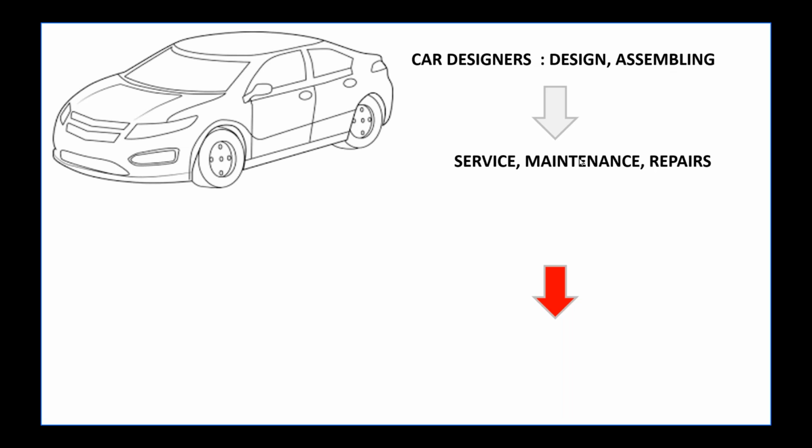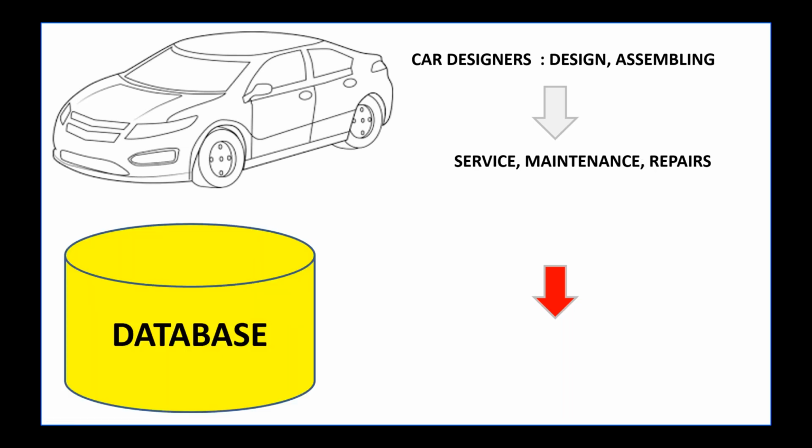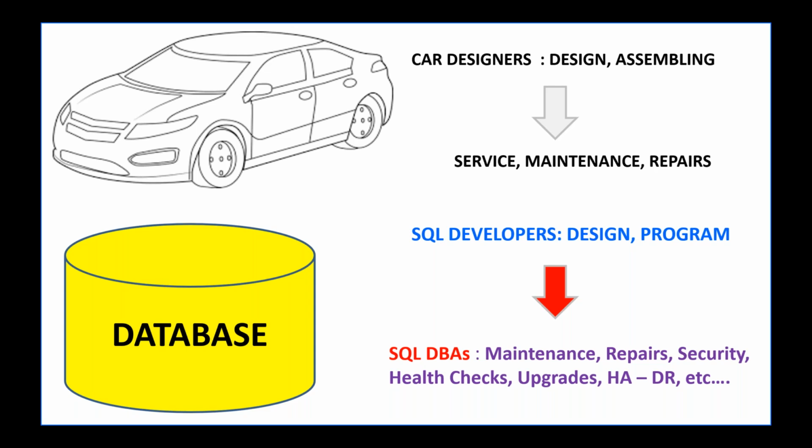Then comes service, maintenance, and repairs. Same way, a database here also will be involved in developer and design programming activities. Then comes maintenance, repair, security, health check, and upgrade activities. It's all about the repair, service, and denting work we need to do here.